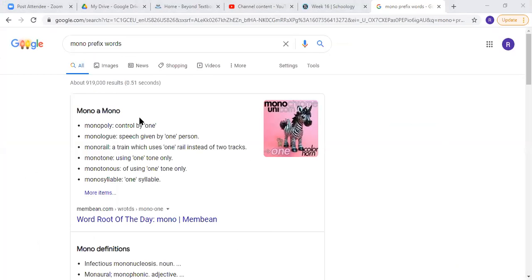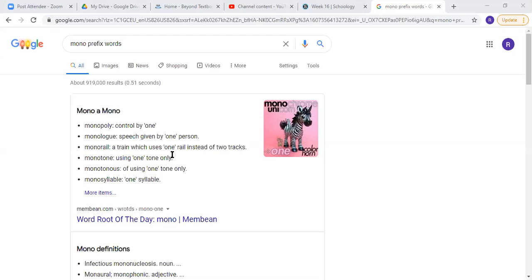So mono. Mono means 1. So a monopoly, again, is controlled by one person or one company. Monologue, speech given by one person. So like in a movie, when somebody is talking to themselves, it's considered a monologue. Monorail, a train that uses 1 track instead of 2 tracks. Monotone is using 1 tone.